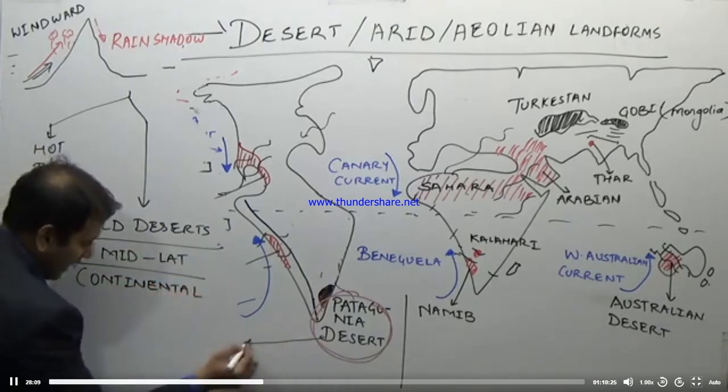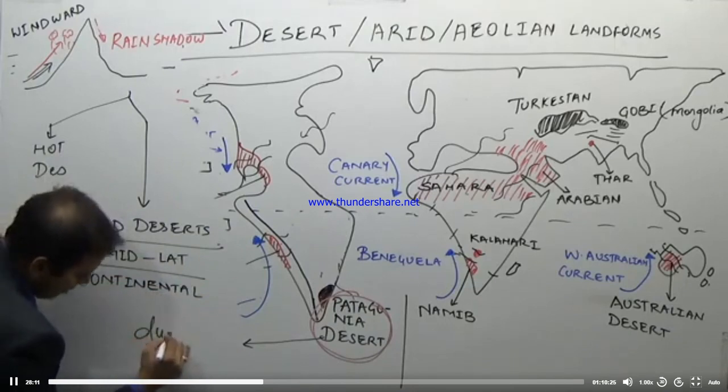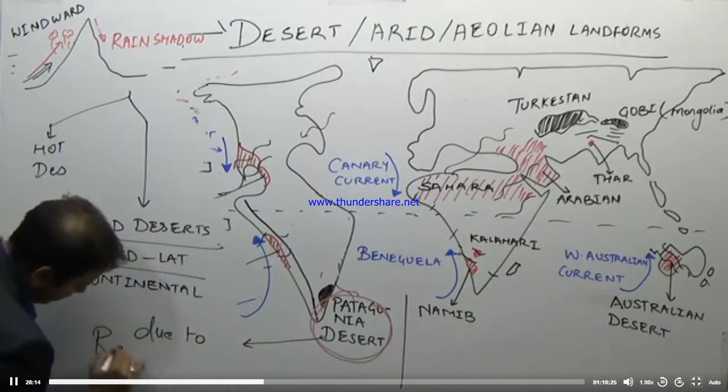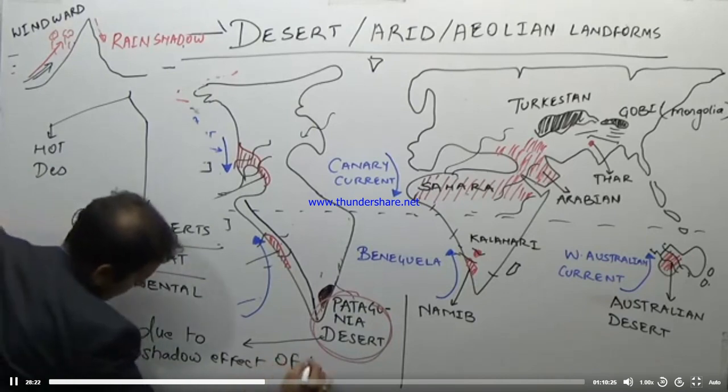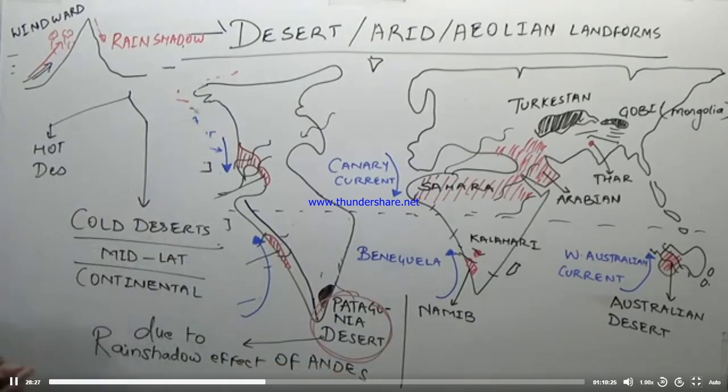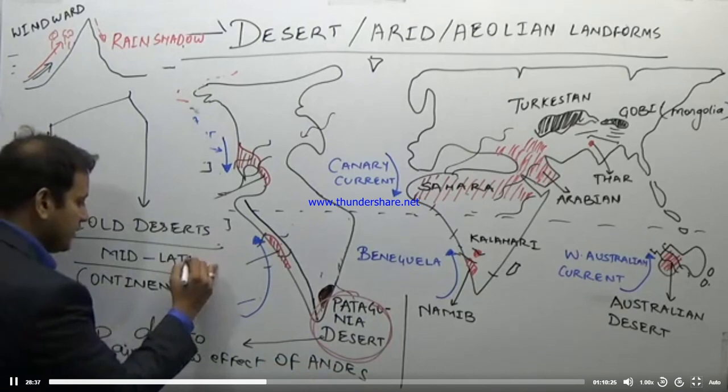Example is the Patagonia desert due to the rain shadow effect of the Andes. These are known as mid-latitude or continental deserts.